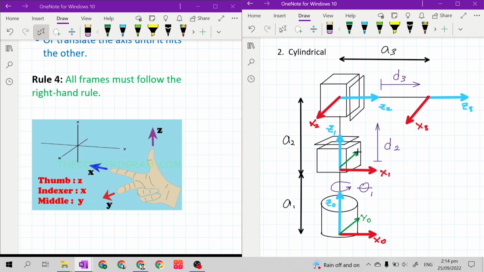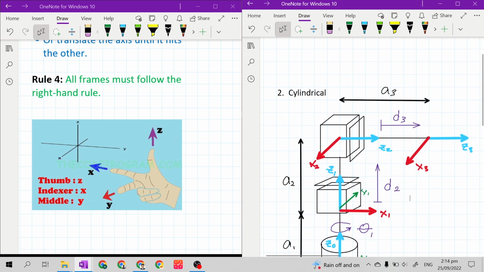Okay. So this will be y sub 1. Okay, next frame.